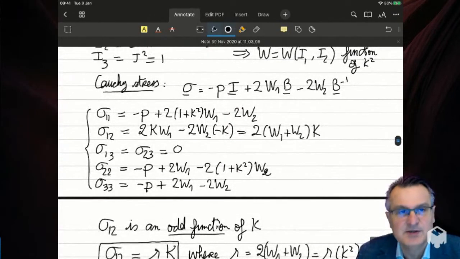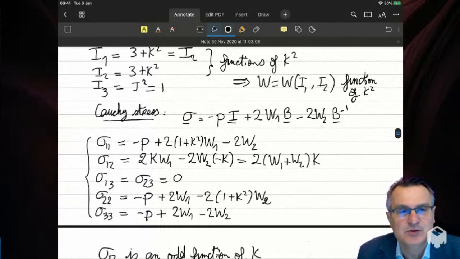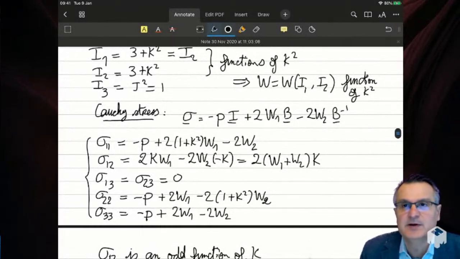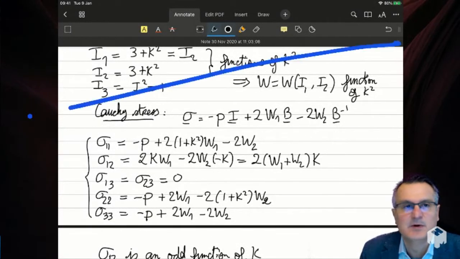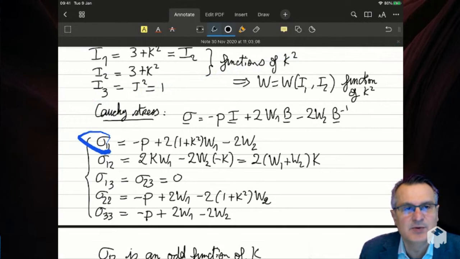Here, if you do sigma 11 minus sigma 22, the p's are going to cancel out. The W1s are going to cancel out. I'm going to be left with 2k squared W1. And then the W2s are going to cancel. I'm going to be left with plus 2k squared W2.